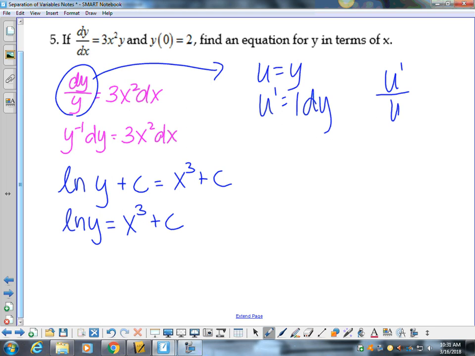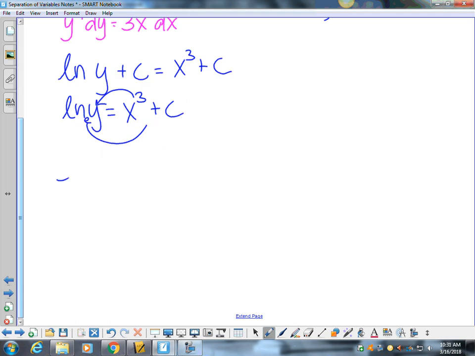Yeah, the loopty thing. His base is e, and it's this to the this equals that. Y'all remember that? Math 3 and pre-cal. Nice little log snailing. E to the x to the third plus c equals y.